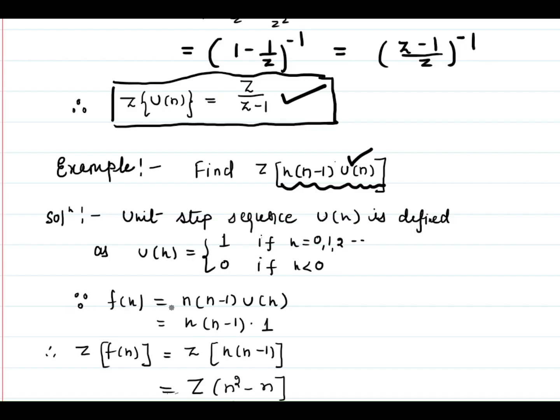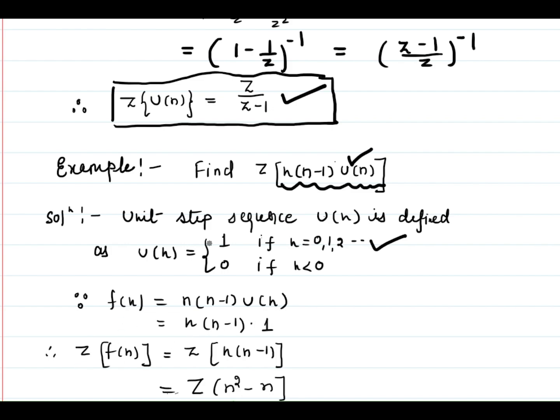Since the function of n is (n minus 1) into un, and for the z transform of the unit step sequence we have to take n from 0 to infinity, the value of the unit step sequence is 1. So put 1 here. Now your function becomes n into n minus 1.